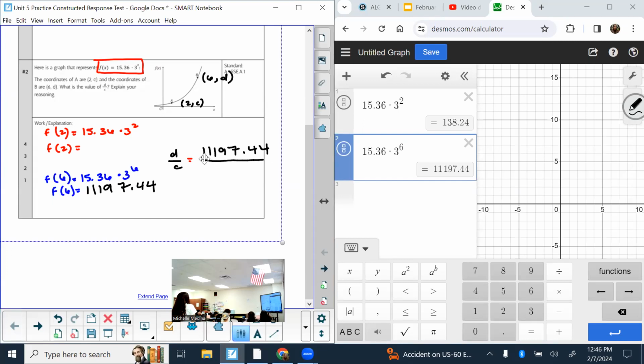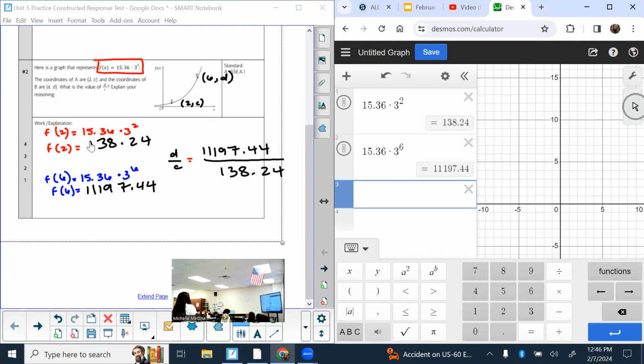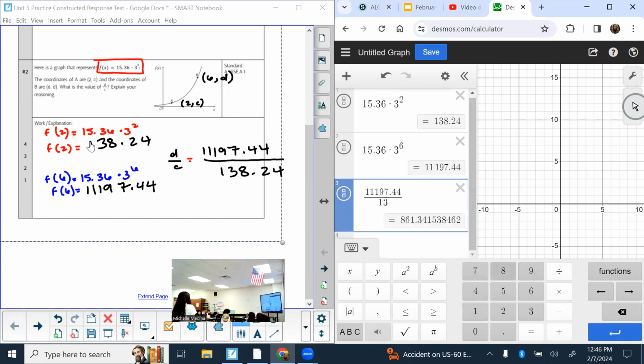And that's going to be divided by C, which table 2, what's my value for C? Okay, good. And then when you put that in your calculator, you get the final answer that it's asking for, which gives me a nice even 81 for this answer.